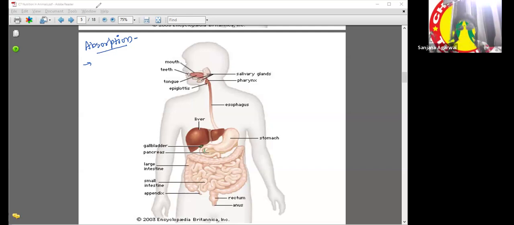Then, third point, in snakes, absorption takes place in the lining of the digestive system.